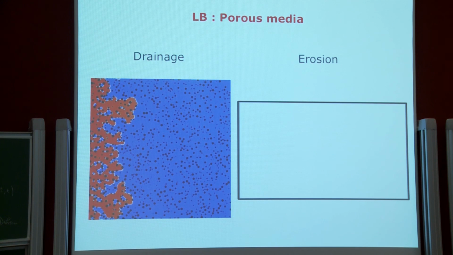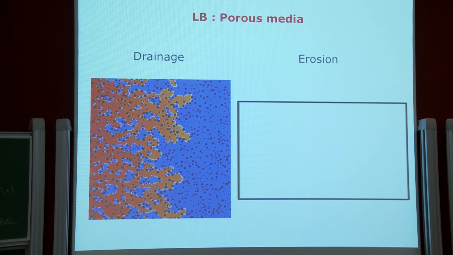And you see that you have to push the fluid, but you also have to satisfy some constraints at the interface with the solid, and you have some contact lines between the three components, solid and the two fluids. And you see that you can have very complex patterns generated by this simulation method.